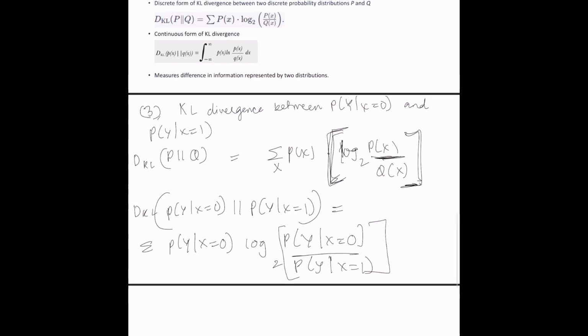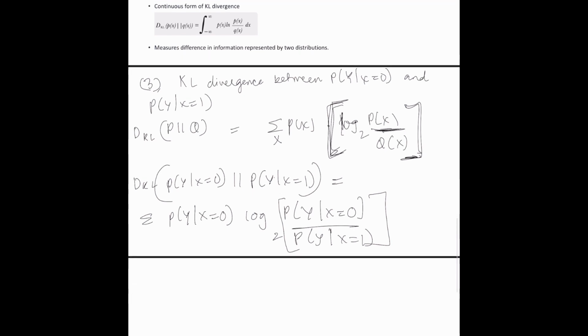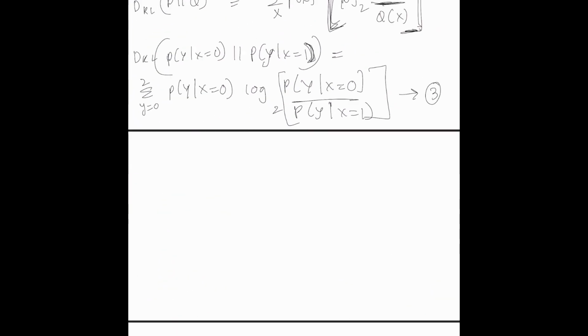This is the KL divergence formula that you will have to use to calculate the KL divergence between these two probability distributions. This sum goes over the values of y, that is y is equal to 0 to 2. So now let's see.